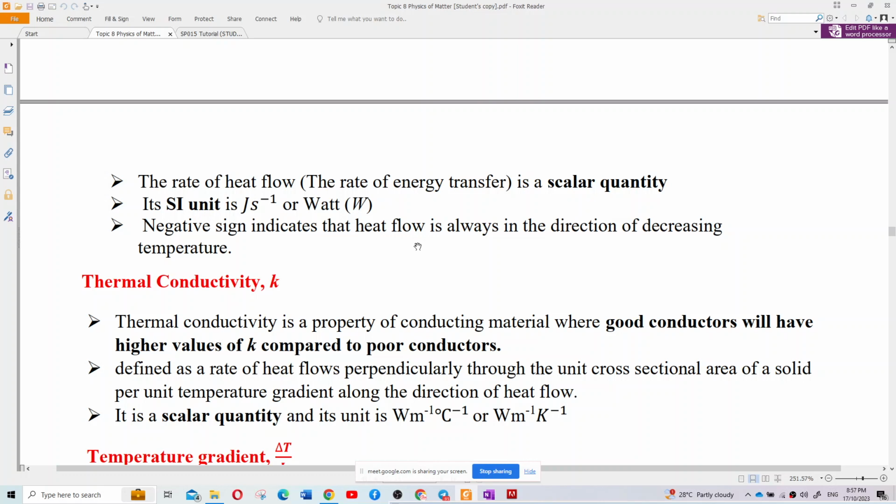Heat flow is always in the direction of what? Increasing temperature or decreasing temperature? What is meant by the direction of decreasing temperature? That means in the direction of hot to cold. Understand or not?